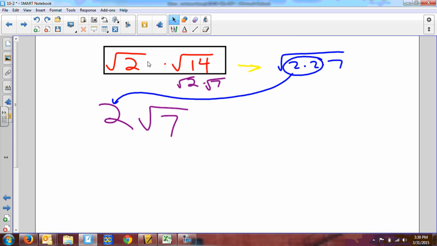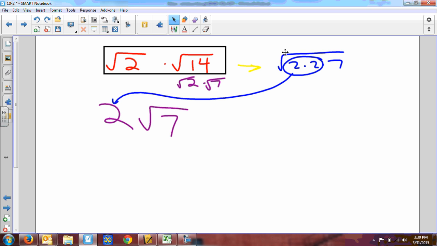Now, if it has it separate, and you'll see this black box, that's what's given. I went back and added those to let you know where we start. This could also be plugged in the calculator, hit enter, but this is what's going on. Square root of 14 times square root of 2 would be square root of 28, which is 2 times 2 times 7. And this is how square root works.